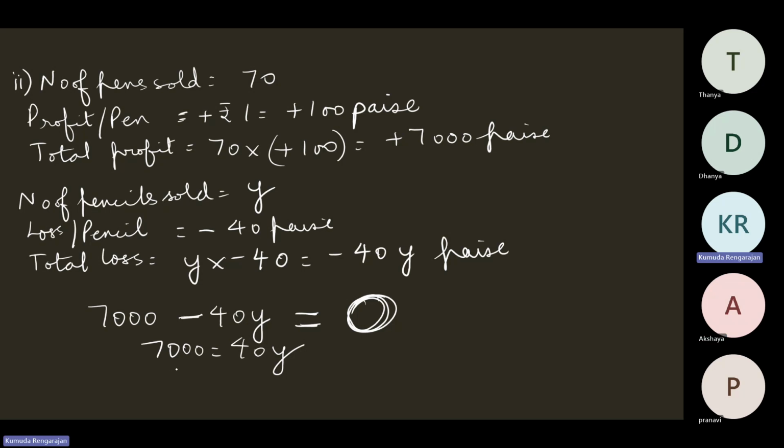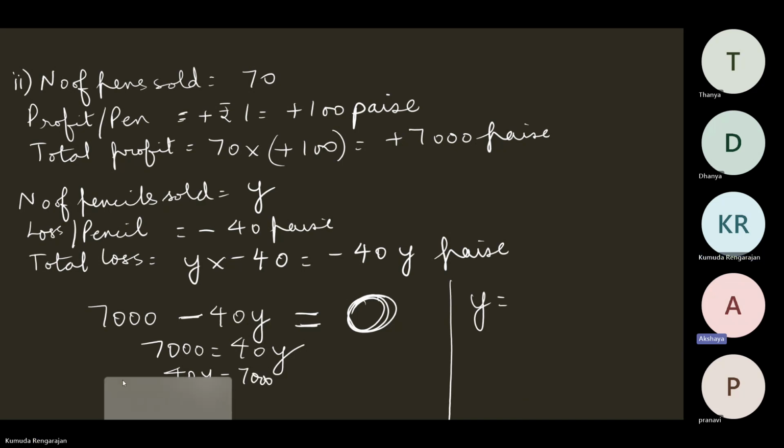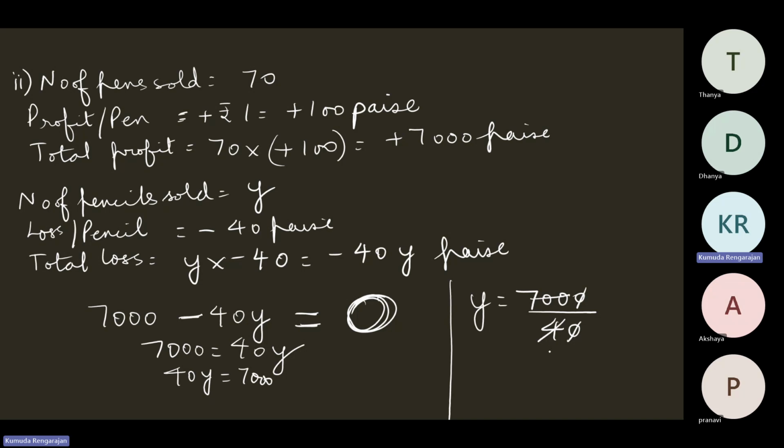Correct. You can also write this as 40y is equal to 7,000. So y is equal to 7,000 by 40. Cancel zeros, then 700 divided by 4. 2 2s are 4, 2 350 times.